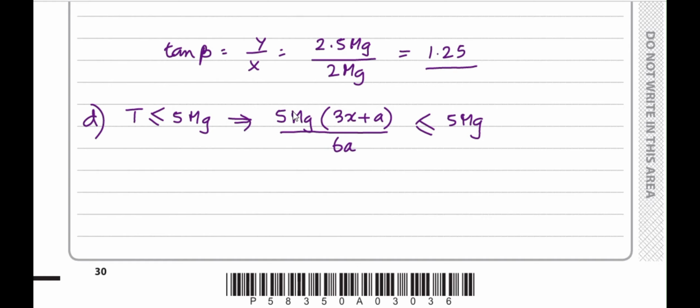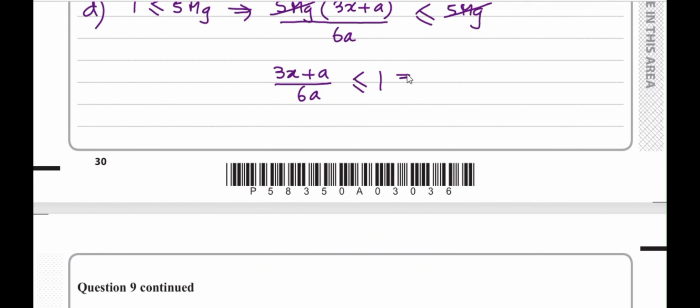Now cancelling this 5 mg from both sides, we get (3x + a) over 6a is less than or equal to 1, which means 3x + a should be less than or equal to 6a.